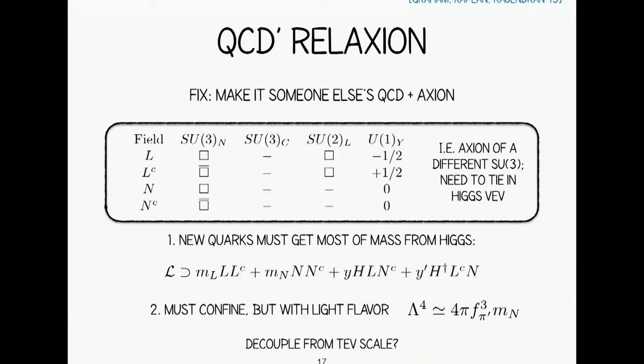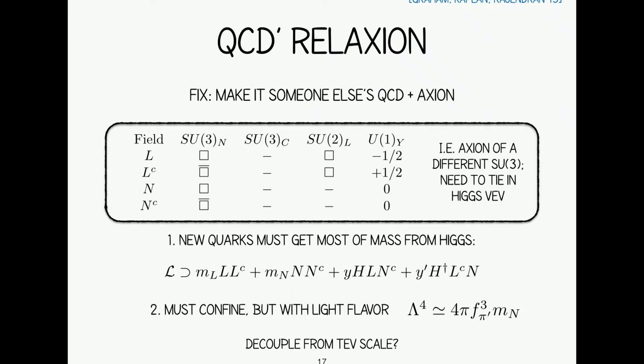For the logic to still work, of course, if this field is scanning the Higgs vev, and you want to use the Higgs mass squared going from positive to negative to turn on masses for quarks to give you bumps in an axion potential, then if the field is not an axion of QCD but an axion of some other SU(N) gauge group, the quarks in that gauge group have to get some of their mass from the Higgs in order for them to turn on a potential for their axion.